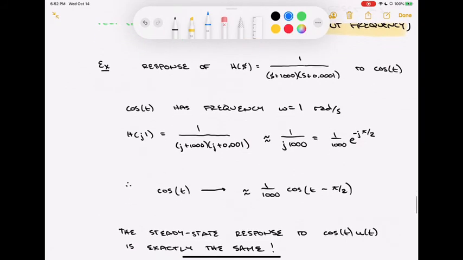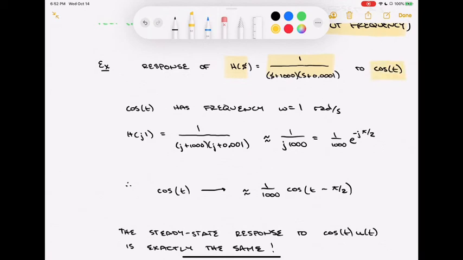So in this particular example, I'm going to do the frequency response of some system. This H of s is going to be a rational function, and I've just written it in factored form as 1 over s plus 1,000 times s plus 1/10,000th, 0.0001. And we'd like to know what the response of that system is to the everlasting sinusoid cosine t.